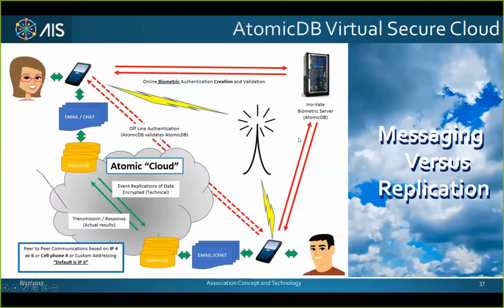So now we're going to discuss the Atomic Virtual Cloud. What does that allow us to do? Basically, the way the world works today, all applications are third-party related. You have a device, you connect to the internet, that device then over the internet connects to a server, that server then connects to your destination.